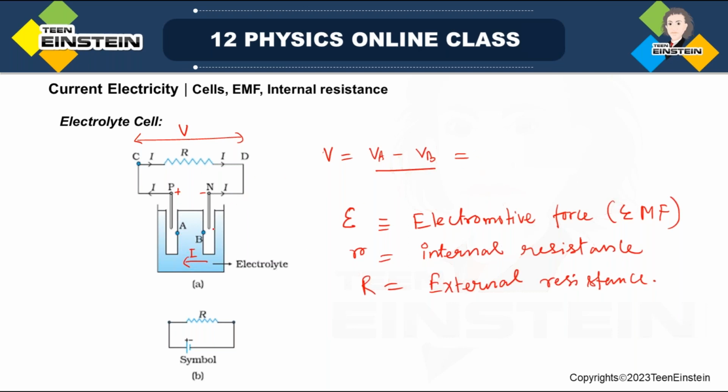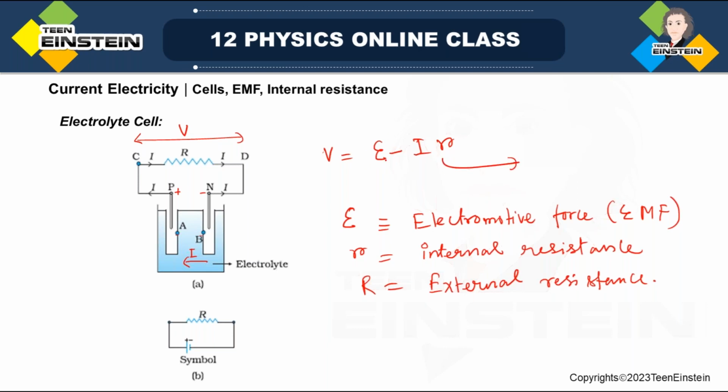If there is internal resistance in the electrolyte, called the internal resistance of the cell, then some potential drop will already happen between A and B before it reaches here. So the potential difference here will be V equals E minus Ir, where small r is the internal resistance, and Ir is the drop.